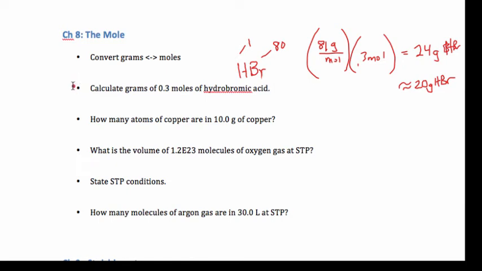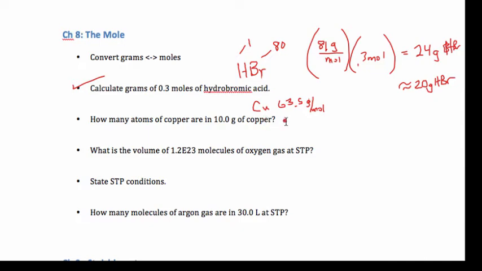Next question. How many atoms of copper are in 10 grams of copper? All right, if you look at copper, first of all, you should know by now that the symbol for copper is Cu. Copper has a molar mass of 63.5 grams per mole. You're told that you have 10 grams.